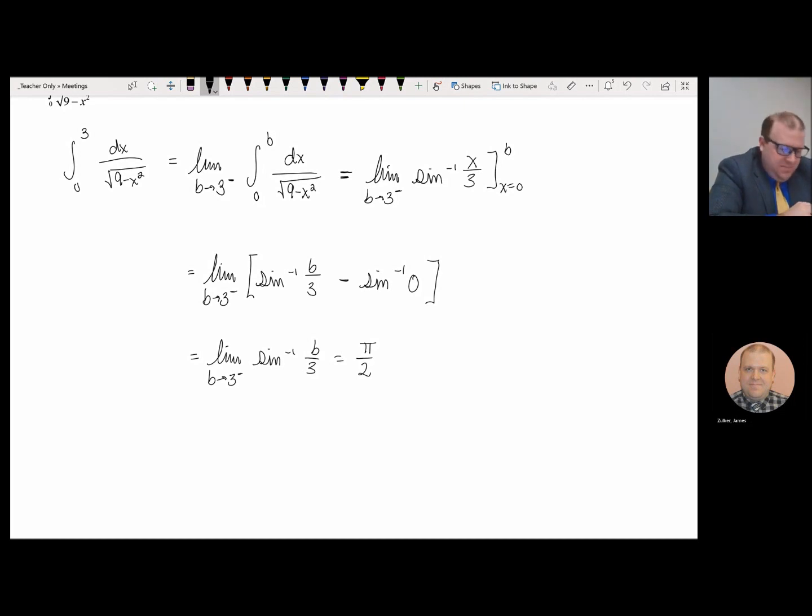The composite function theorem essentially says that's what you're allowed to do, as long as it's continuous. If you get something that's undefined, obviously you can't do it, so we have to try something else.